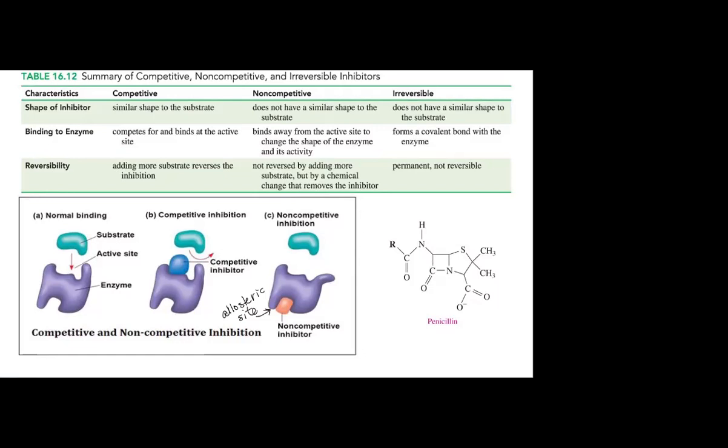And now if you change the shape of the active site with the non-competitive inhibitor, even if the substrate is present, it's not going to have the ability to bind the enzyme because the active site doesn't have the right shape anymore.